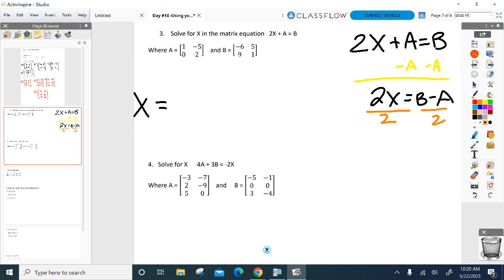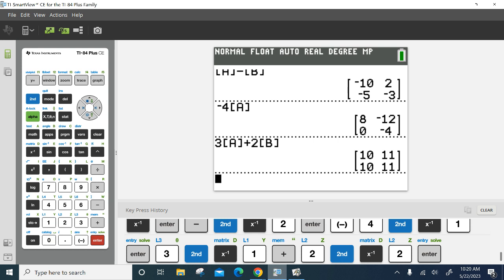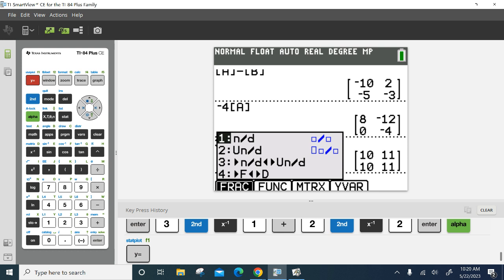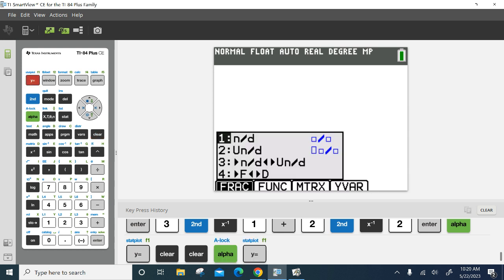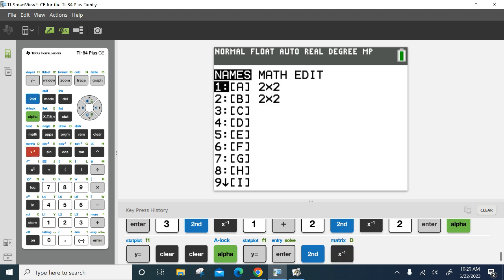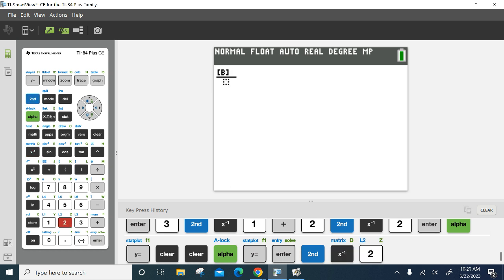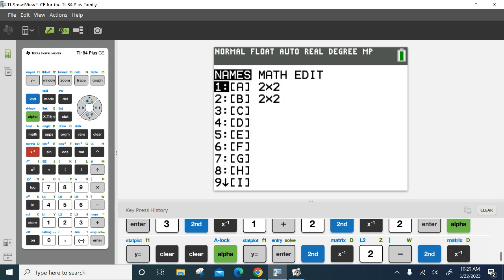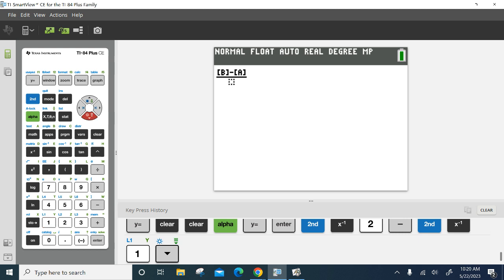And it'll give you matrix X out. I did do the divide by 2 separate somewhere else.